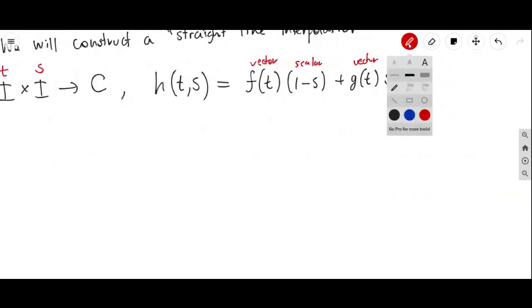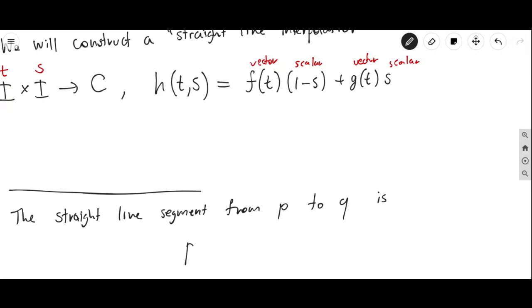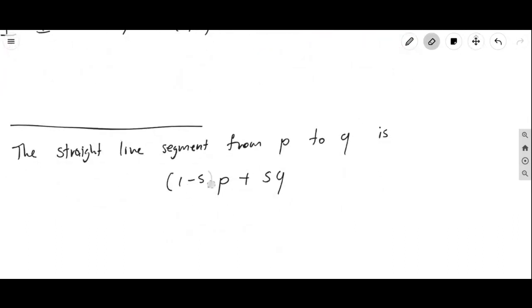Now, why does this work? Maybe just to recall, the straight line segment from P to Q is 1 minus s times P plus s times Q. If you set s equal to 0, you get P, that's your vector, which you're going to draw as a point.